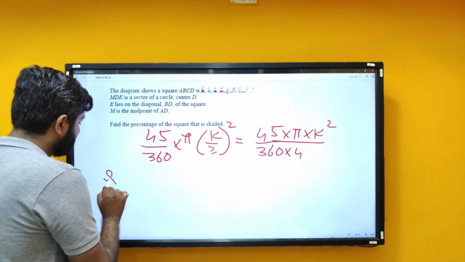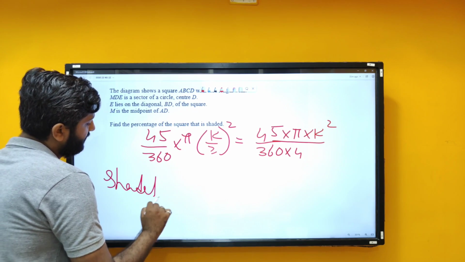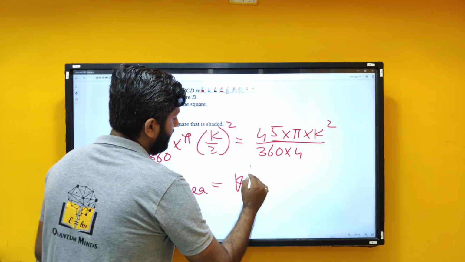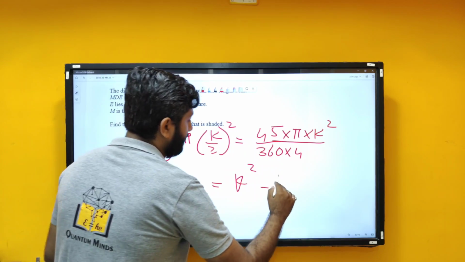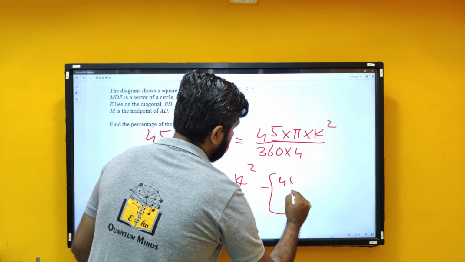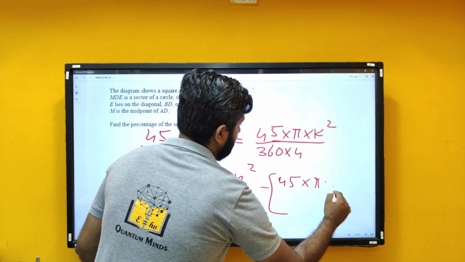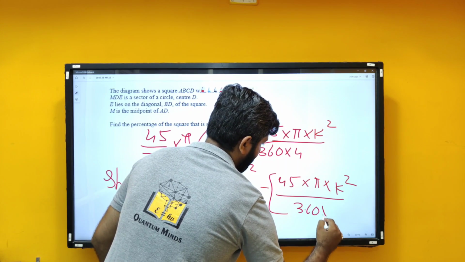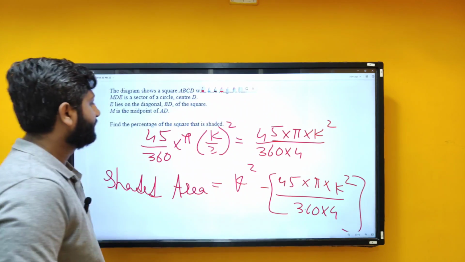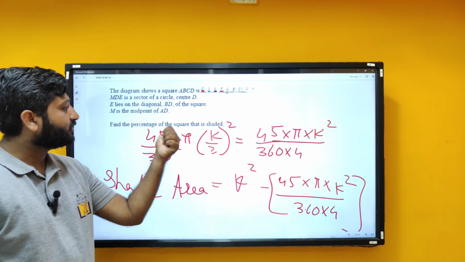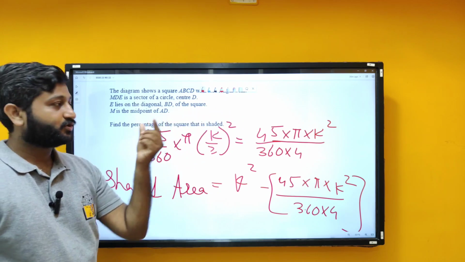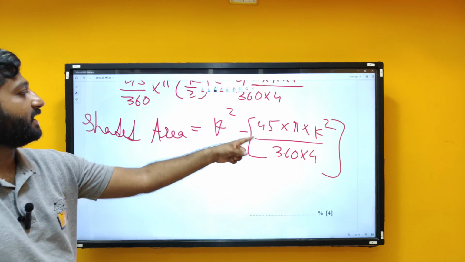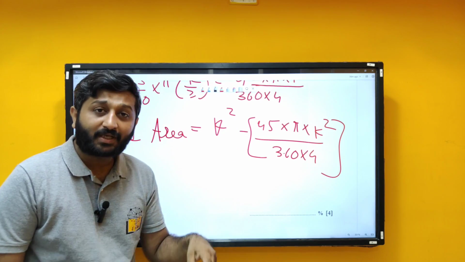Obviously the shaded area is the area of the square, which is k squared, minus the area of the sector. So now I'm supposed to represent the percentage of the square that is shaded. So the percentage is the shaded area upon total area into 100.